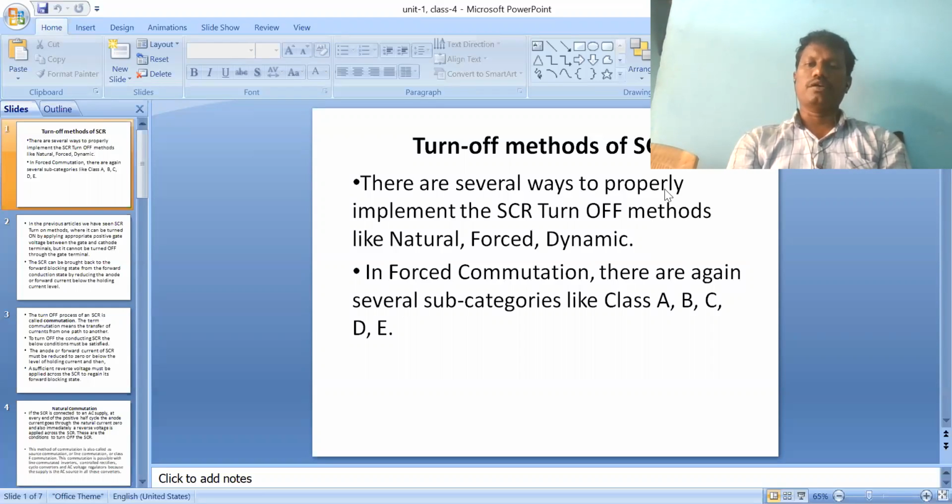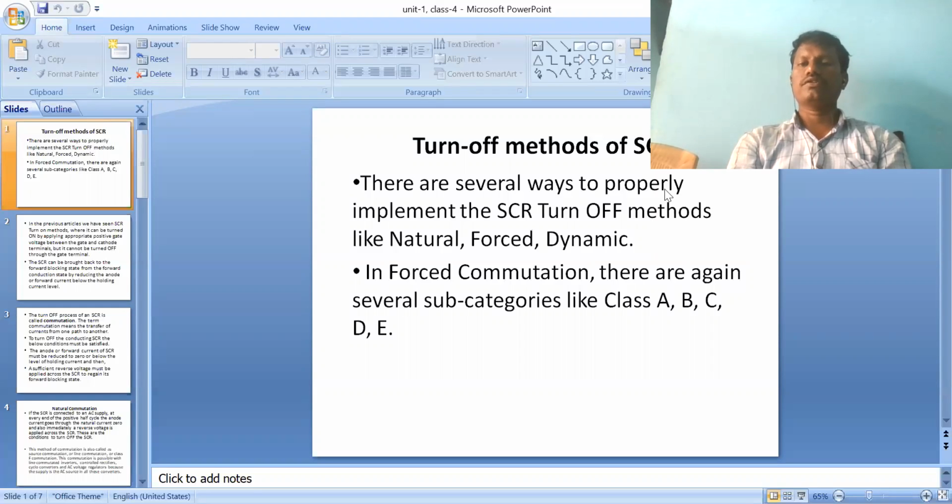So how is it happening? This process is called the turn off process. There are three methods of turn off. It is also called commutation. Commutation means the flow of anode current from one thyristor becomes nearly equal to zero.